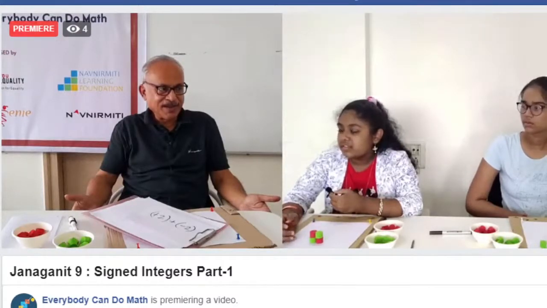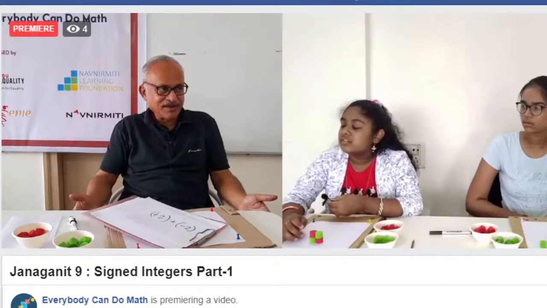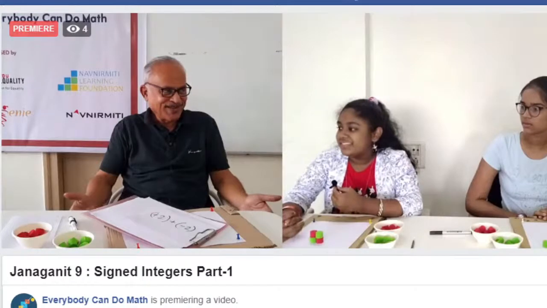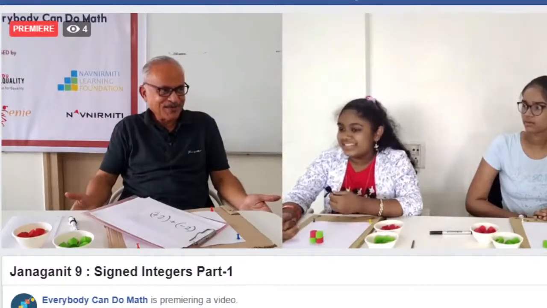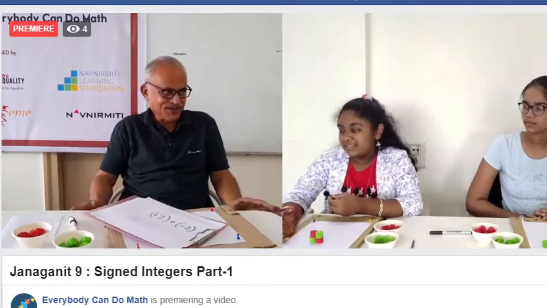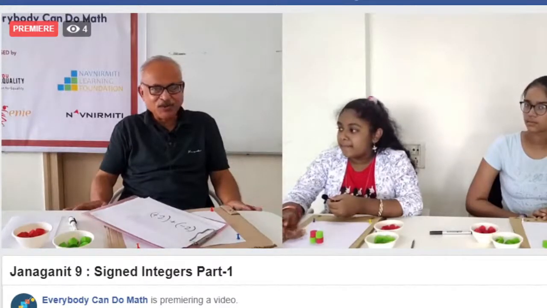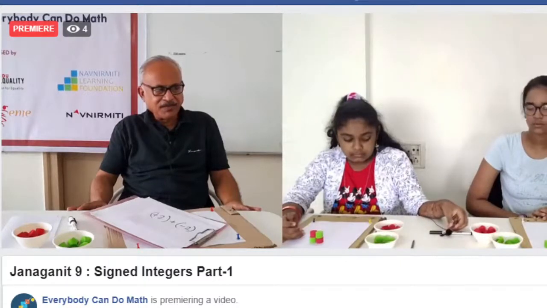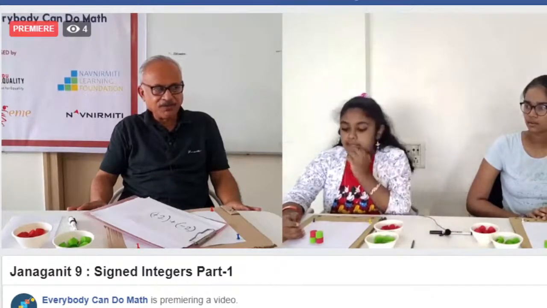The value of 2 zeros is? 0. Is it different? If you have no money and I give you no money, how much money do you have? 0. So the value of 2 zeros is 0. Okay, that's what we have learned from this discussion.